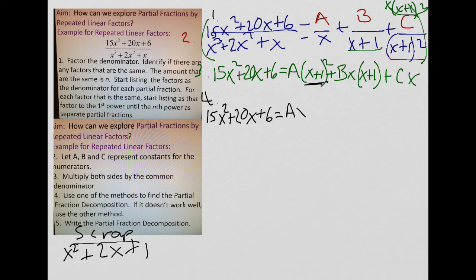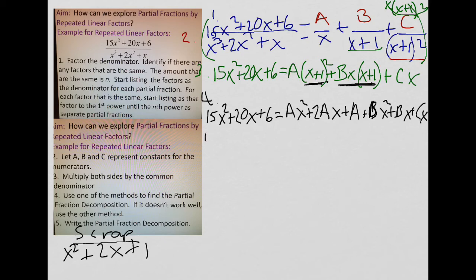So A would be multiplied with x squared, and we're going to write this as 2ax, just like we write 2 pi r, certain format, and 1 times A is A. Now I'm going to multiply bx to the quantity of x plus 1, so it's bx squared plus bx, that's a b. My b's look like 13s a little. That's a b. And c is already multiplied by x.